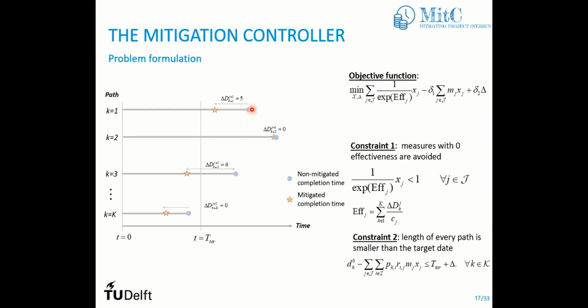How to do that is to reduce the duration of every path to somewhere just right here. So these blue dots should be somewhere right here before the target duration, but not too far from it. Okay, because otherwise you are going to pay extra money to get that. So we apply corrective measures so that the durations are reduced. And of course we have optimization behind it that you don't have to worry about.